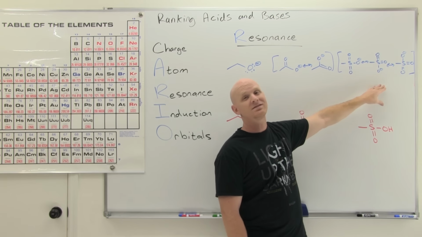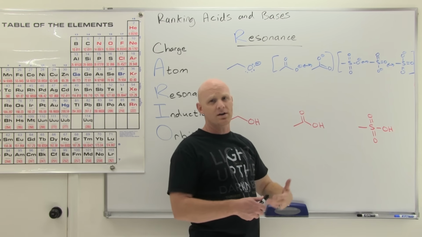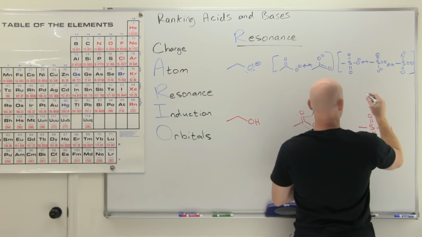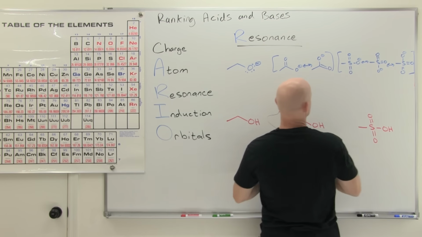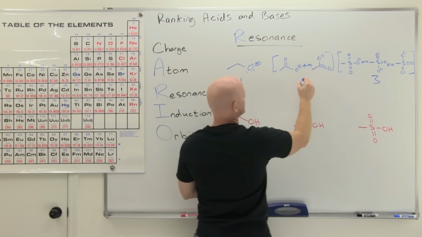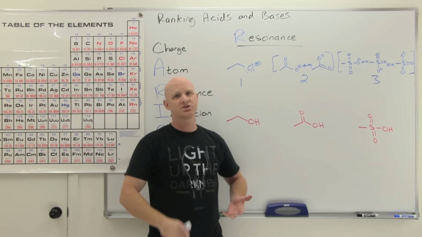And even more stable means an even weaker base. And so if we were to rank these as bases, with one being the strongest and three being the weakest, well, our most stable base is our weakest base. And let's do this in blue. Our strongest base, the one that had no resonance, is number one, and then obviously this one that had two resonance structures sharing on two oxygens was number two.